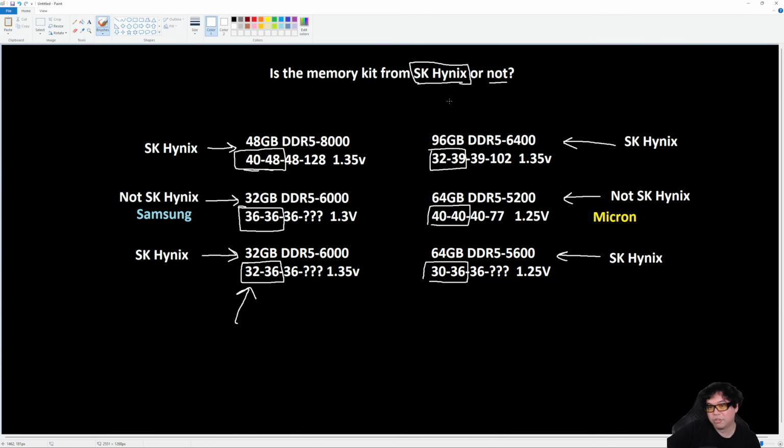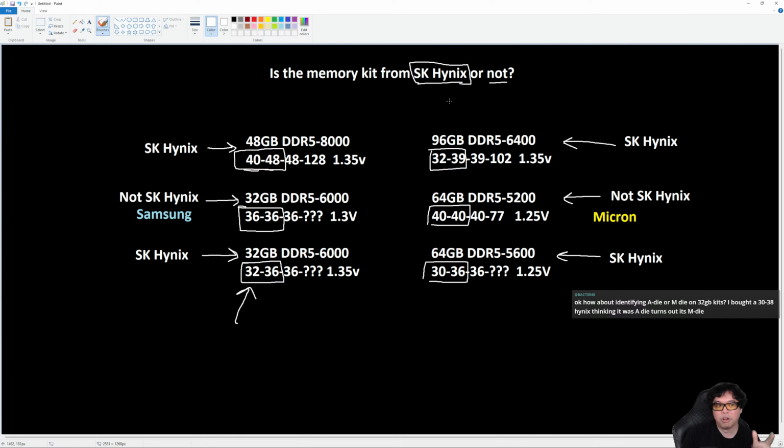But in general, if you're shopping for DDR5 and you are not sure who the manufacturer is, it could be G.Skill, Corsair, Team Group, whatever, you eyeball the list of primary timings, and that will tell you if it's Hynix or not.